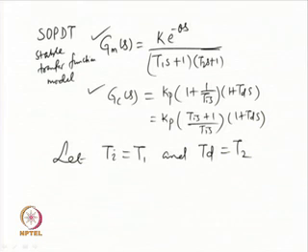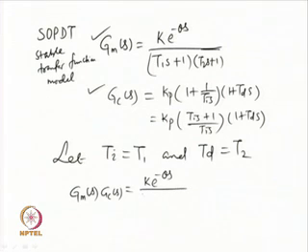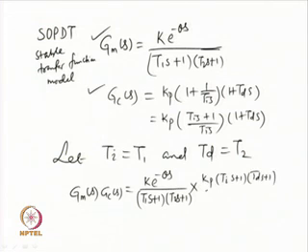That will allow me to write the loop transfer function or loop gain G M s G C s as K e to the power minus theta s divided by (T1 s plus 1) times (T2 s plus 1) into Kp times (Ti s plus 1) times (Td s plus 1) divided by Ti s.